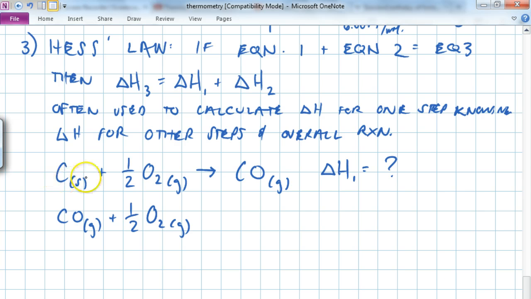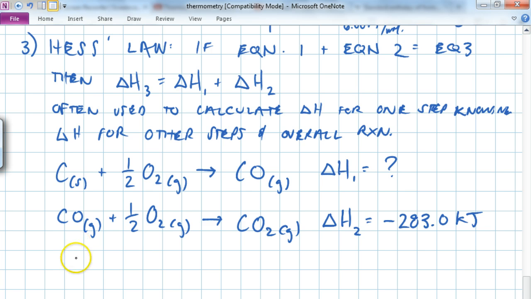So 1 mole of carbon, 1/2 a mole of O2 makes 1 mole of CO. 1 mole of CO plus 1/2 a mole of O2 produces a mole of CO2 gas. So we basically just added another oxygen atom onto there, and we'll call this delta H2, and let's say that we know that this one is negative 283.0 kilojoules, and that's what it is.